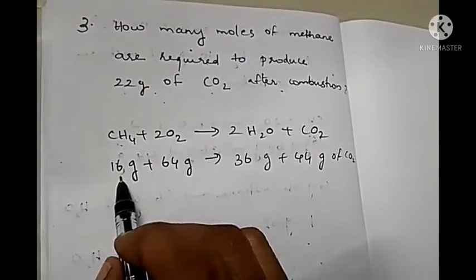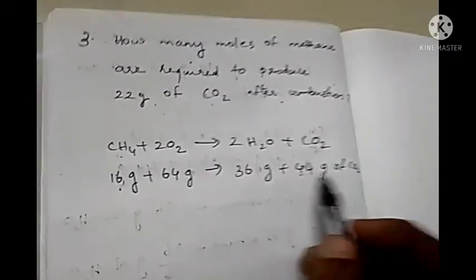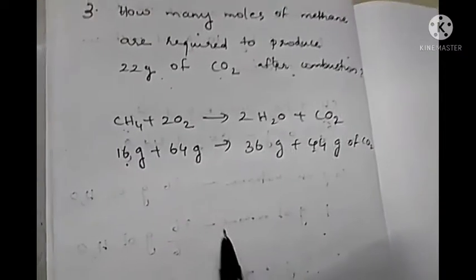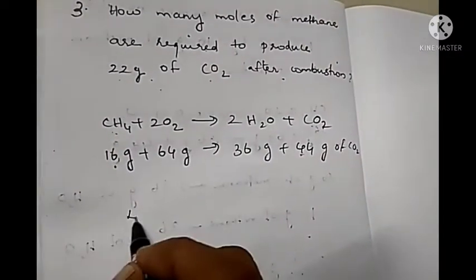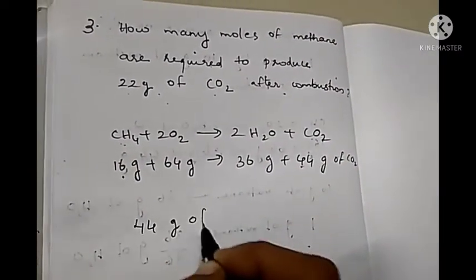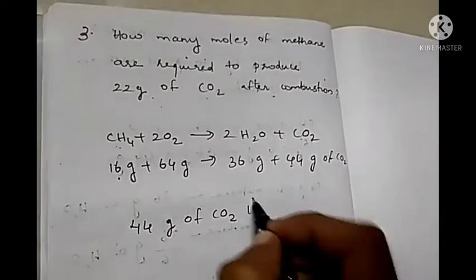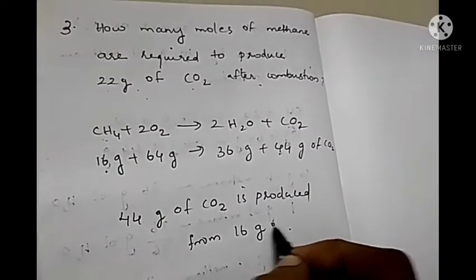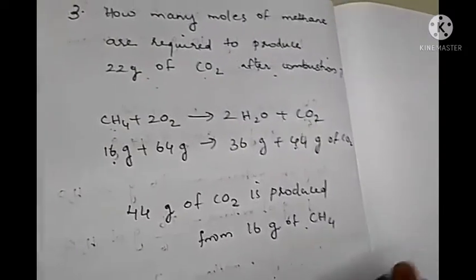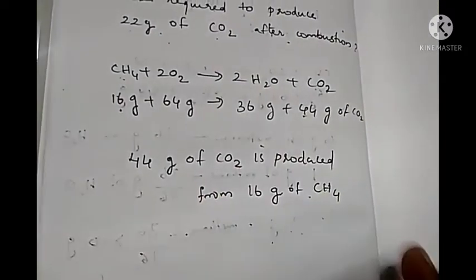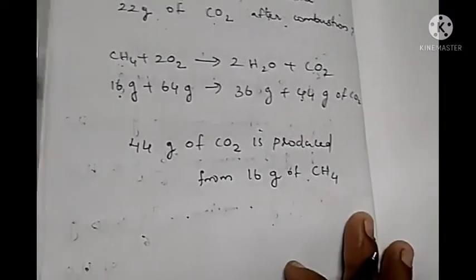So 16 gram of methane produces 44 gram of carbon dioxide. So we can write in a reverse order, that is 44 gram of carbon dioxide is produced from 16 gram of methane.